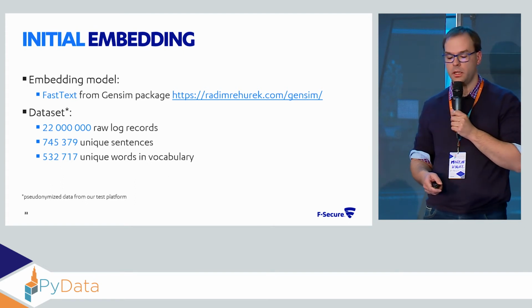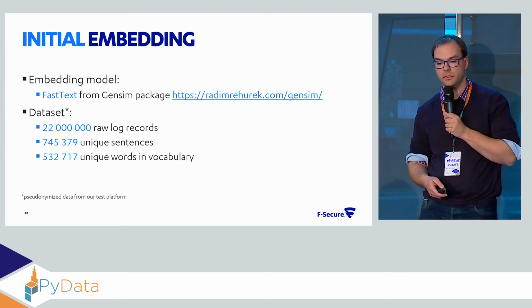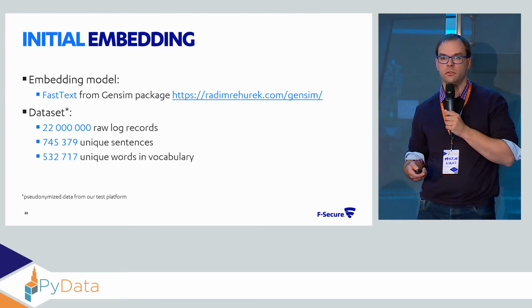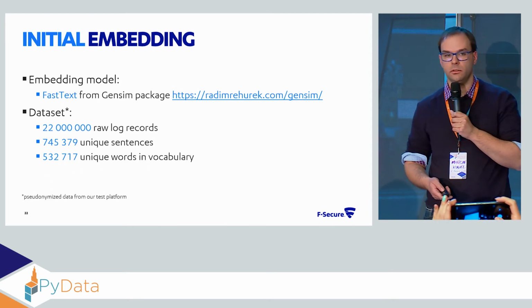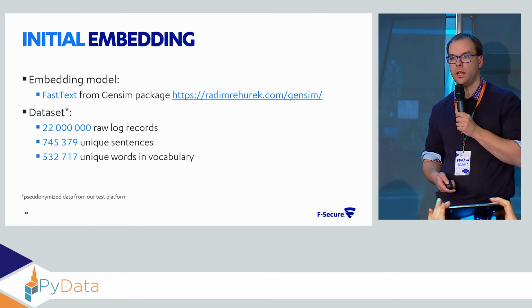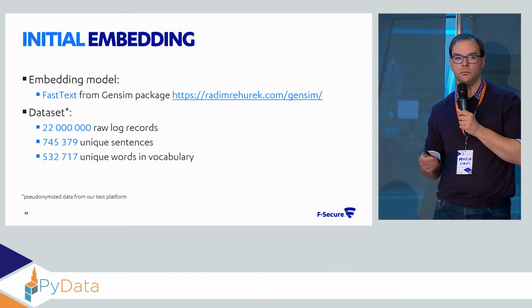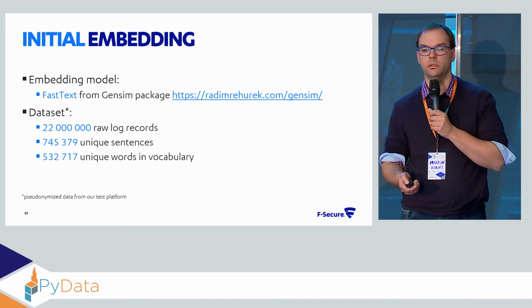For the project, we took a sample of 22 million raw events, and then we created such sentences as I described. It was more than 500,000, but you can see that almost every sentence has some random path, because there are about 500,000 unique words in that vocabulary.